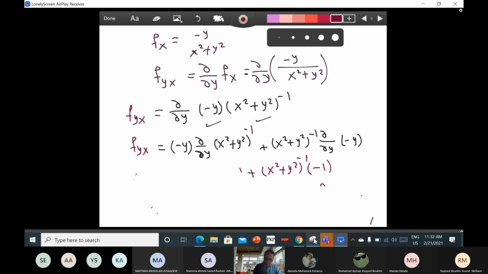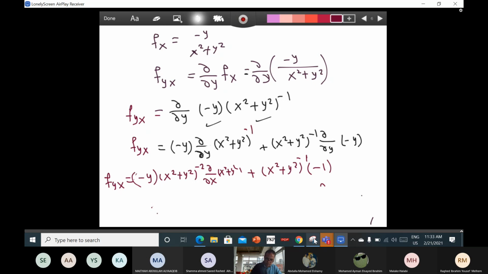Okay, so I have fyx equal to minus y. Yes, we missed this one. How to differentiate this one? You have x squared plus y squared to the minus 2 and partial by partial x for x squared plus y squared. Also minus 1 from the beginning. Sorry? Yeah.